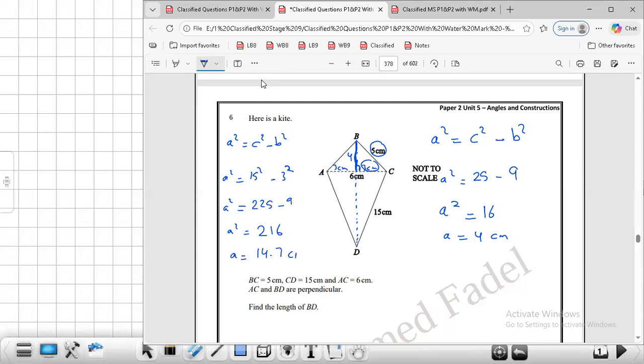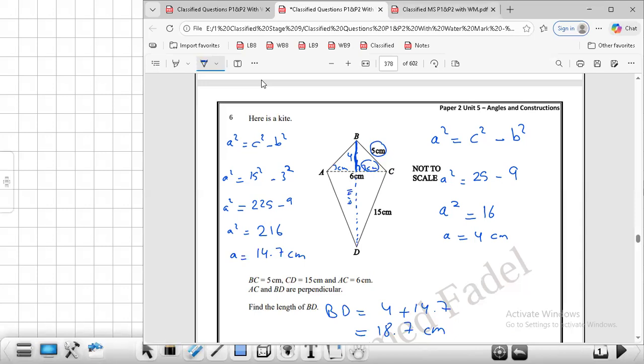14.7 centimeters. It's this one, 14.7. Now I have estimated the length of all BD. BD equals 4 plus 14.7, which is equal to 18.7 centimeters.